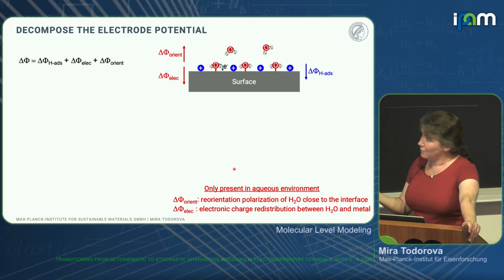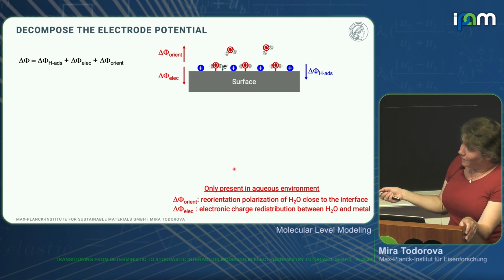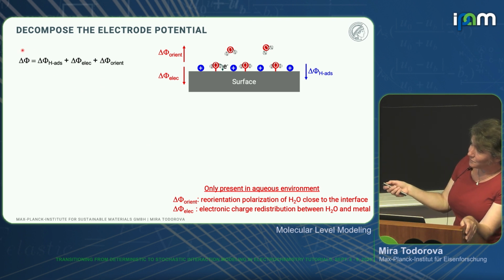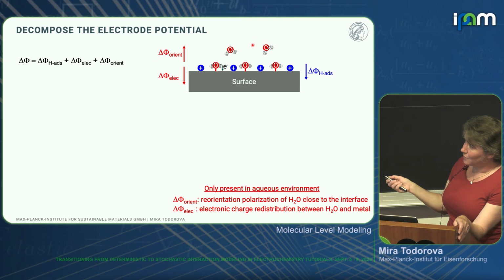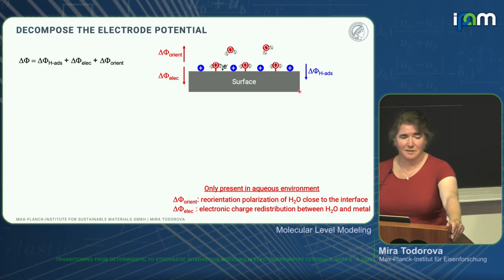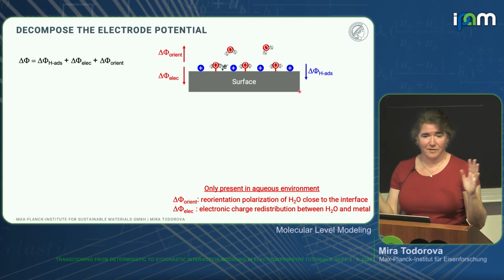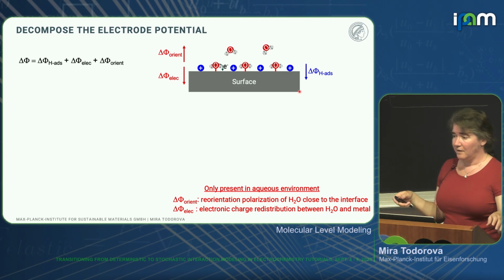So what is the role of water and how do we understand this potential? In principle, it's nice that we can decompose our potential drop into three parts. So one is coming from hydrogen adsorbed on the surface. This will be just hydrogen at the surface. This is something that is also present when the surface is in vacuum and we don't have water.